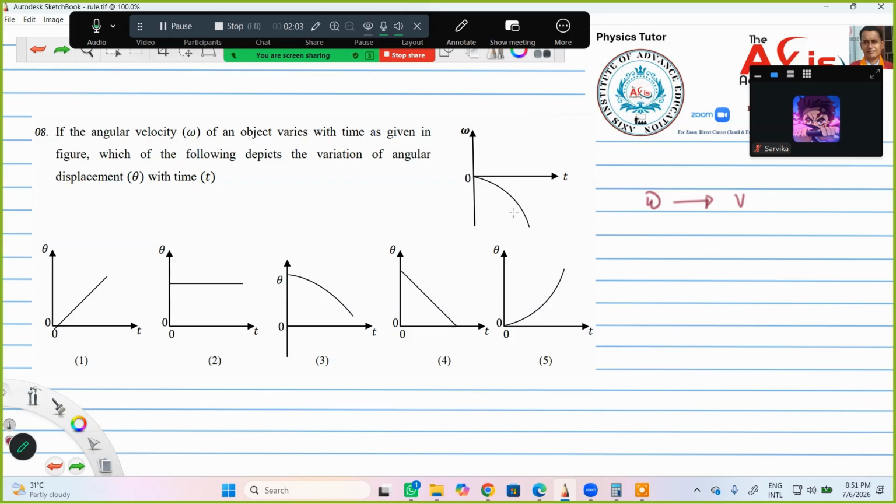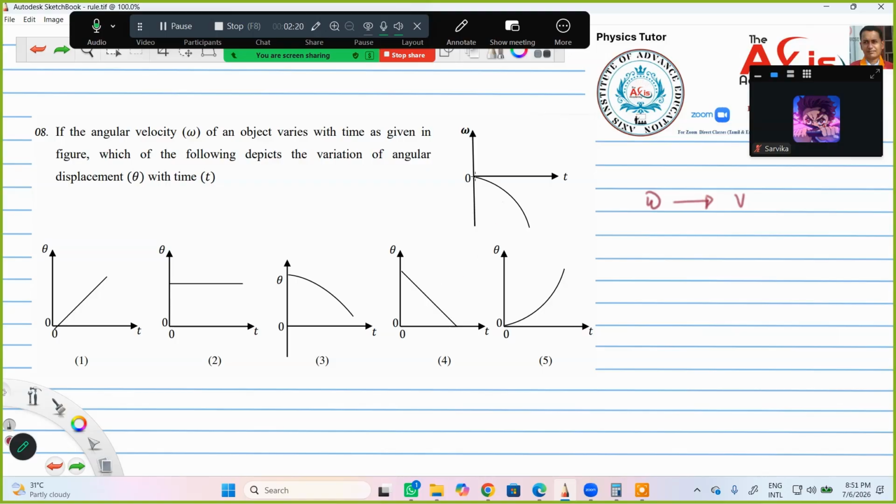If the velocity is negative, then the gradient should be negative, in the sense of tan theta, where theta is the angle from the positive x direction. That should be an obtuse angle.